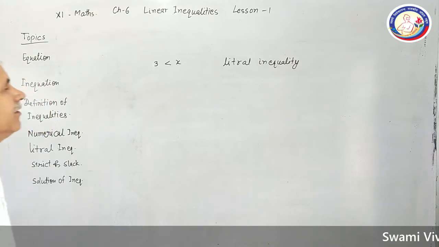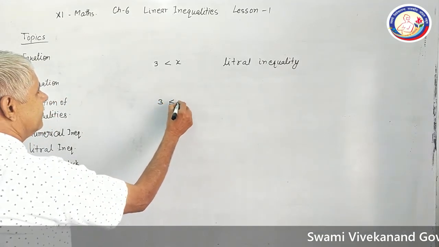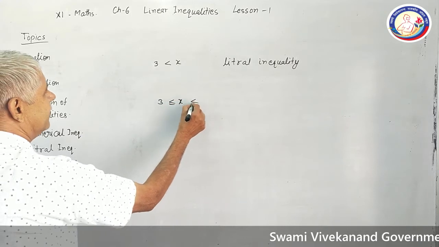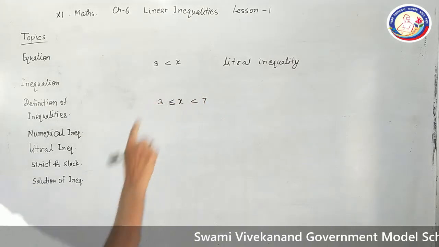It is a literal inequality. Another example, 3 is less than or equal to x is less than 7. This is another literal inequality.